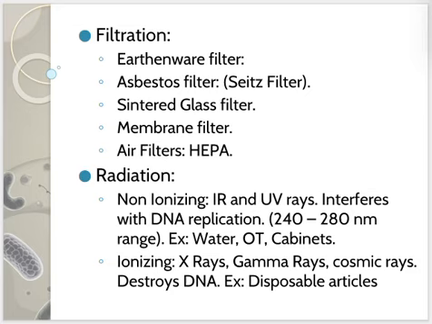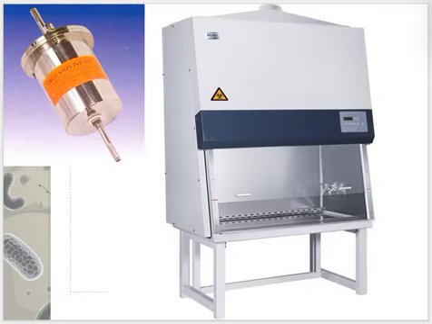These methods are especially useful for sterilizing heat-sensitive materials and environments. A Seitz filter is a type of depth filter historically known for its use in sterilizing heat-sensitive liquids. A HEPA filter, or high-efficiency particulate air filter, is a specialized mechanical air filter widely recognized for its ability to remove microscopic particles from the air.